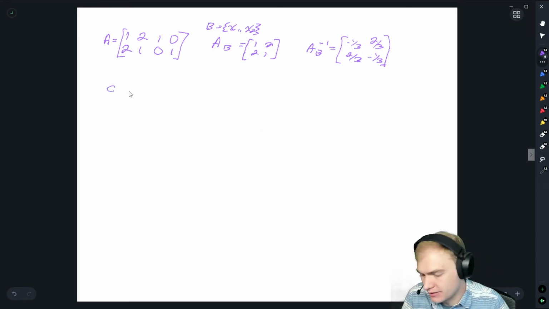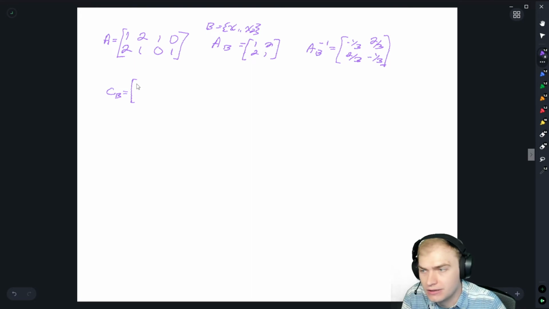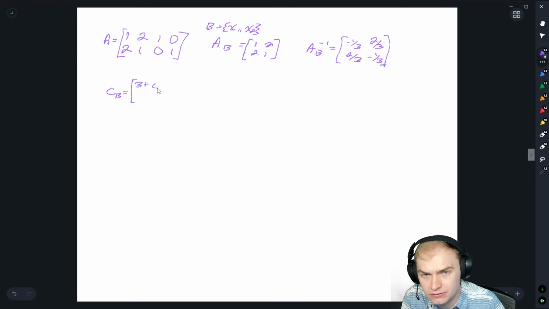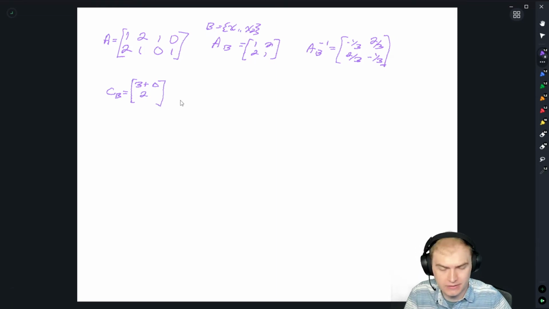And we're going to let C be 3 plus delta and 2. And we're going to see how that delta affects things.